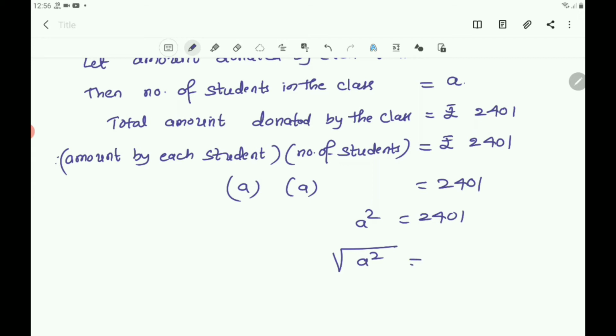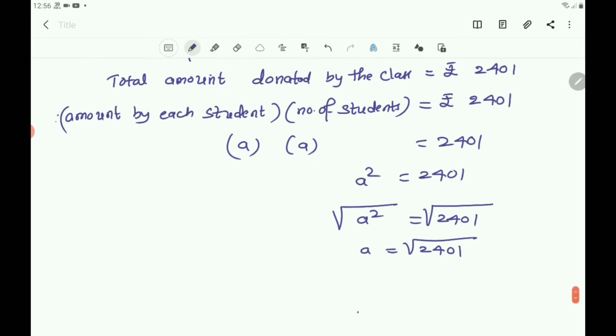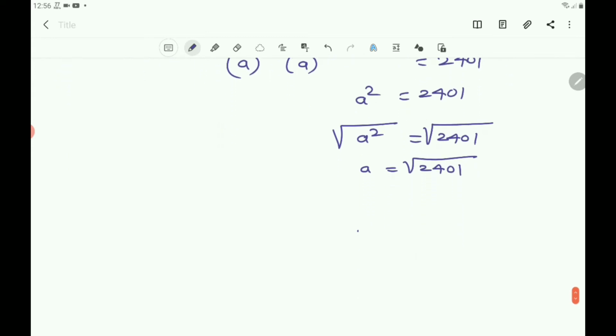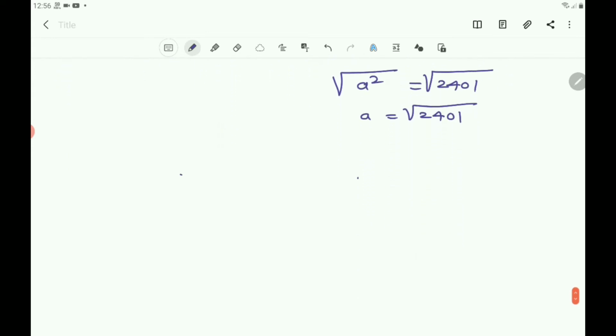Square root of A square is A, equals square root of 2401. Now you find the square root of 2401.